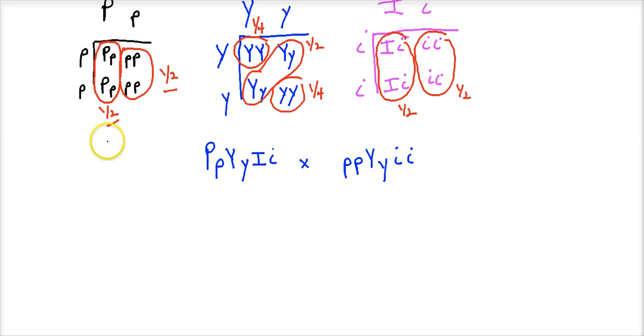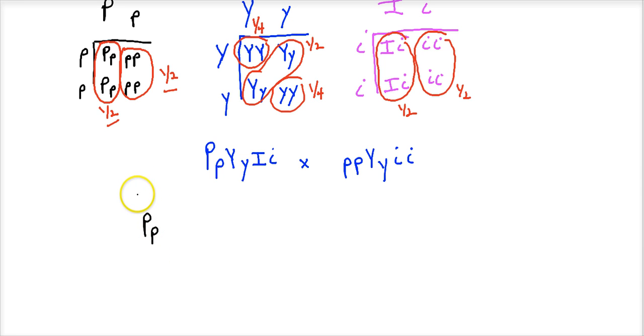So let's start with one possibility. When Pp of the mother segregates and makes gametes to pair with pp of the father, one combination is big P, little p. So let's write that. Big P, little p. Boom, there it is.